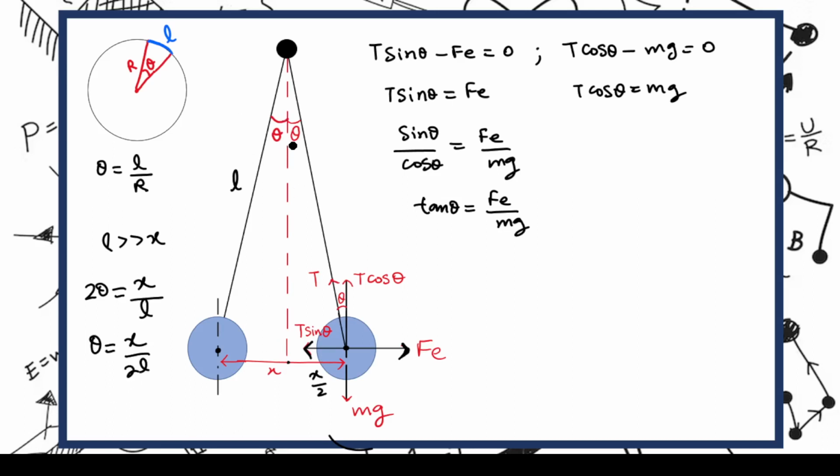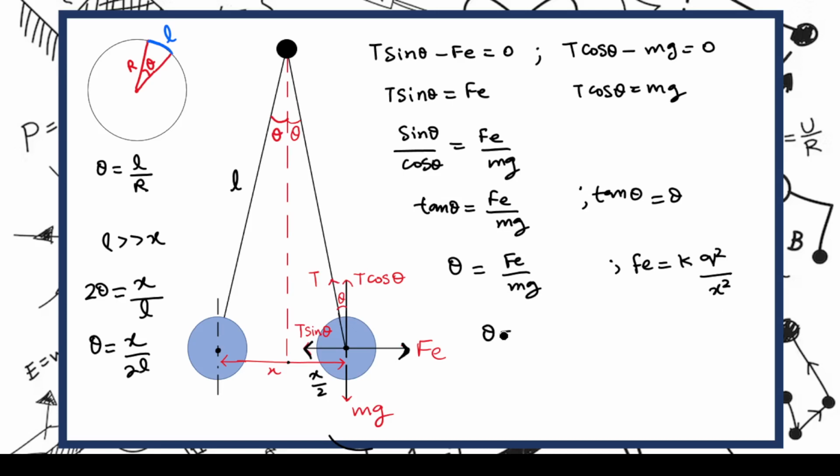When theta is very small, that is when this length is much bigger than this length, we can write tan theta equal to theta. Tan theta approximates theta. So we can write theta equal to Fe over mg. Guys, the force Fe between these spheres at any instant while they are separated by some distance x can be written as Fe equal to K, electrostatic constant, Q square, charge on the two spheres, over distance square.